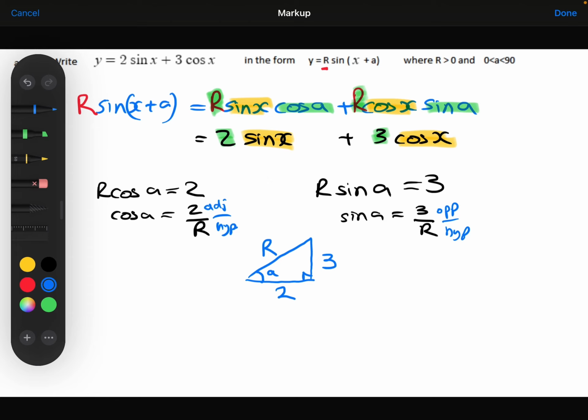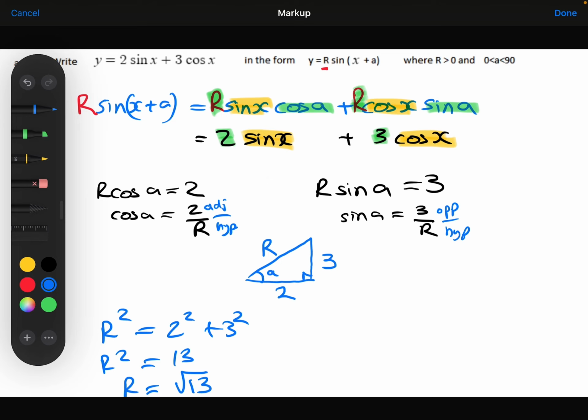This is going to allow me to work out r really easily, because I can do a little bit of Pythagoras here. I can say that r squared is going to equal 2 squared plus 3 squared. So r squared equals 13, so r is the square root of 13.